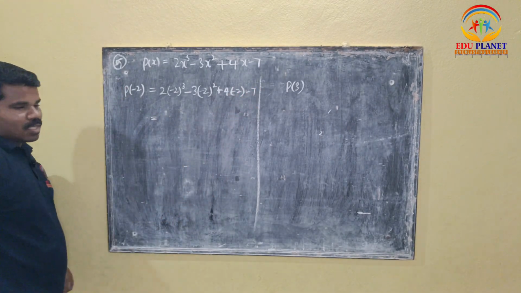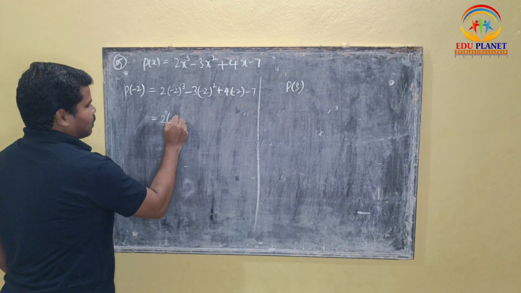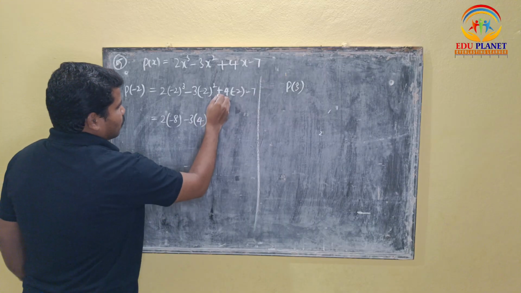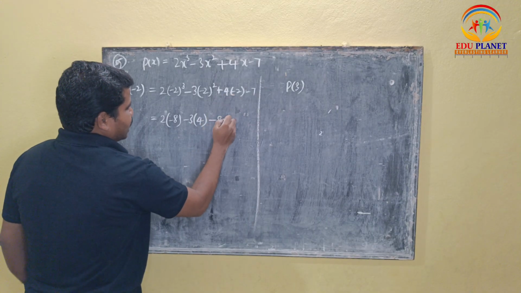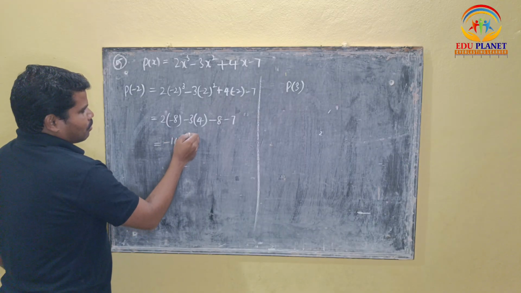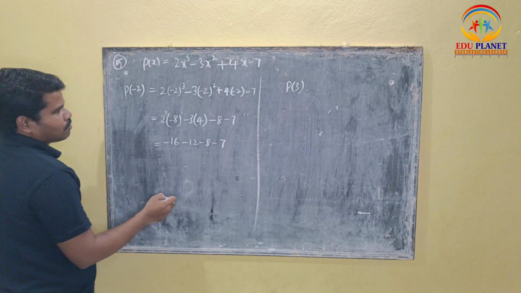Just try to evaluate the value. 2 into minus 2 cube is minus 8, minus 3 into minus 2 square, plus 4 into minus 2, minus 7. 2 into minus 8 is minus 16, minus 3 fours are 12, minus 8, minus 7.